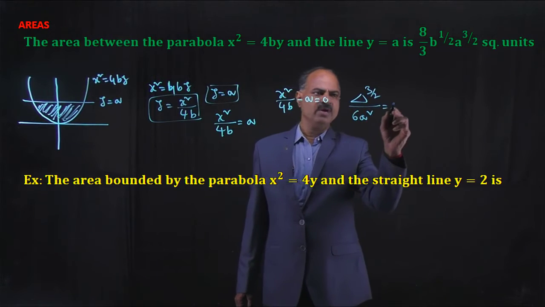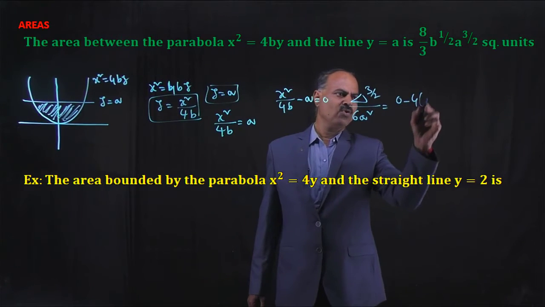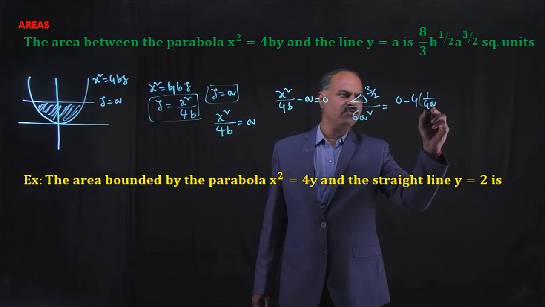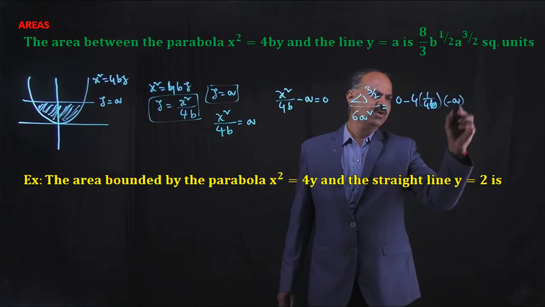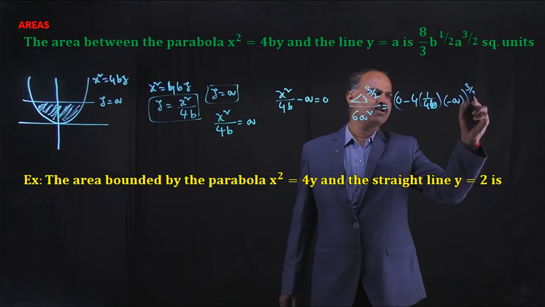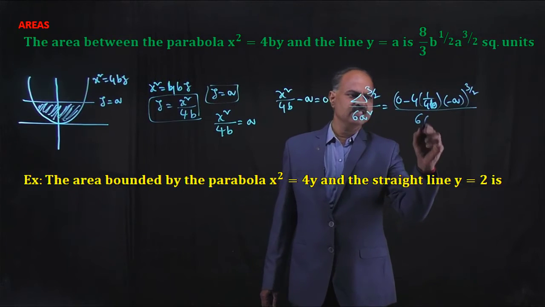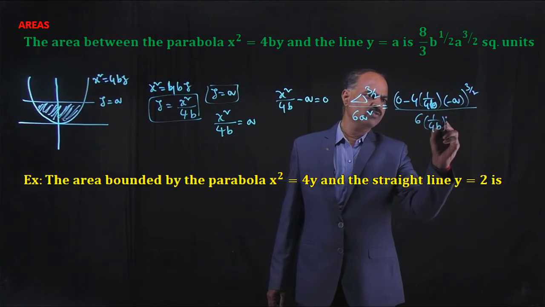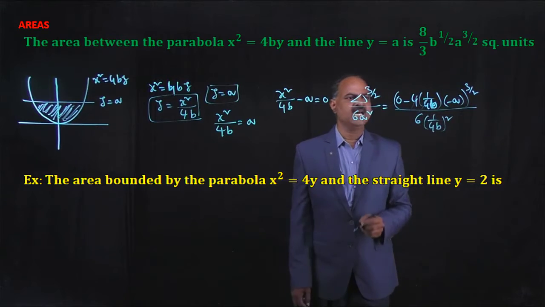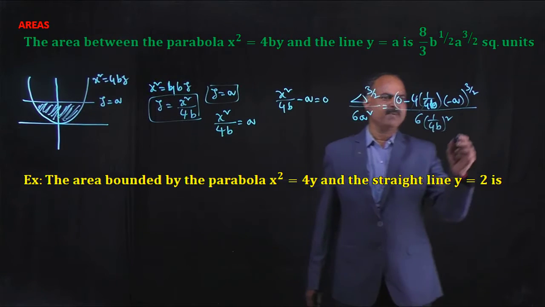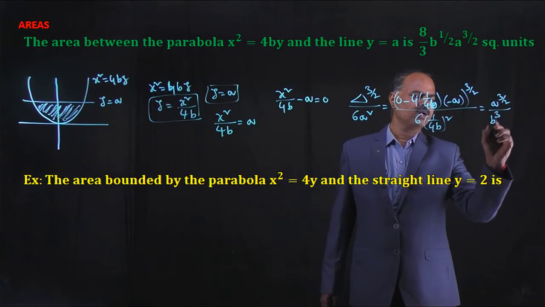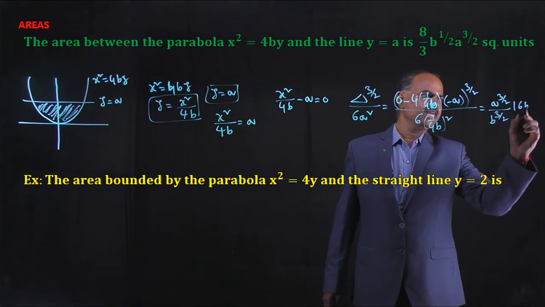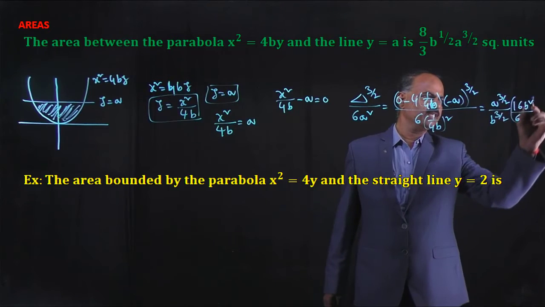So here b = 0, and Δ = b² − 4ac with a = 1/4b and c = −a, so (4·(1/4b)·a)^(3/2) over 6 into (1/4b) squared. Here the 4 and 4 get cancelled, minus into minus becomes plus. So that is a^(3/2)/b^(3/2) into 16b²/6.